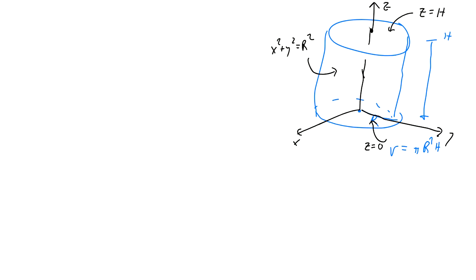So before we do a lot of calculations, let's just translate those three equations into spherical coordinates. So x, y, and z are rho sine phi cosine theta, rho sine phi sine theta, and rho cosine phi.